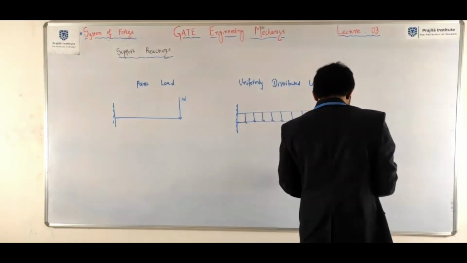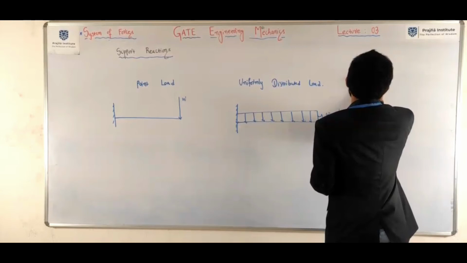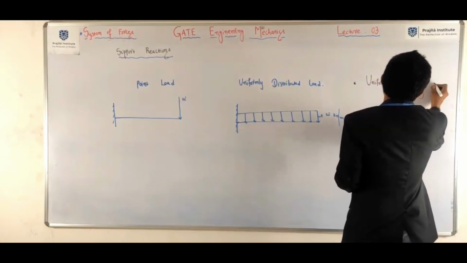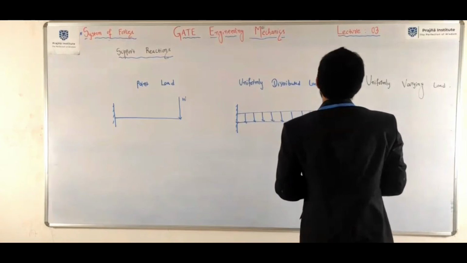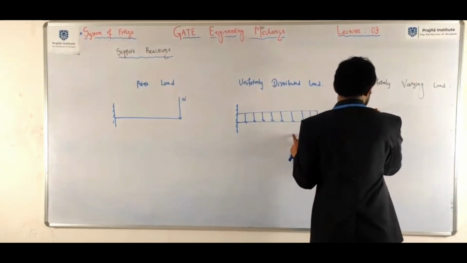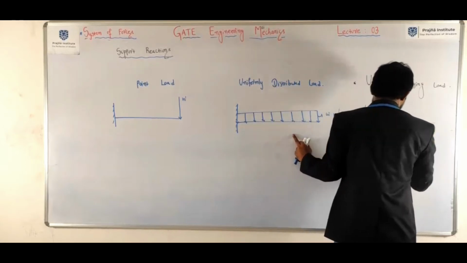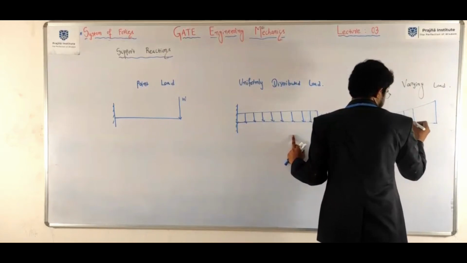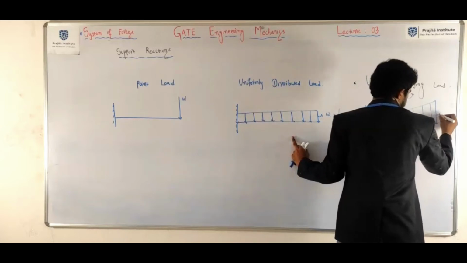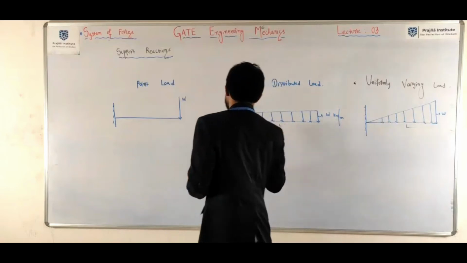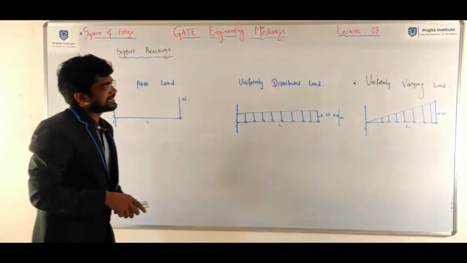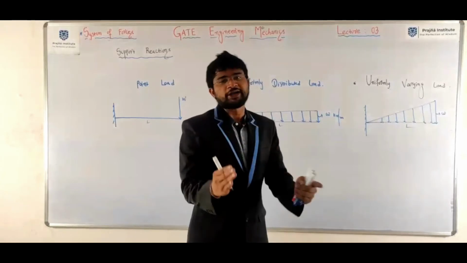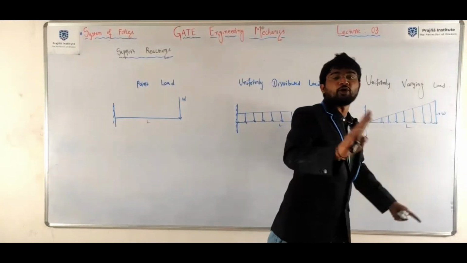Next, uniformly varying load. Now, our task here is to convert uniformly distributed load into point load, and uniformly varying load into point load.